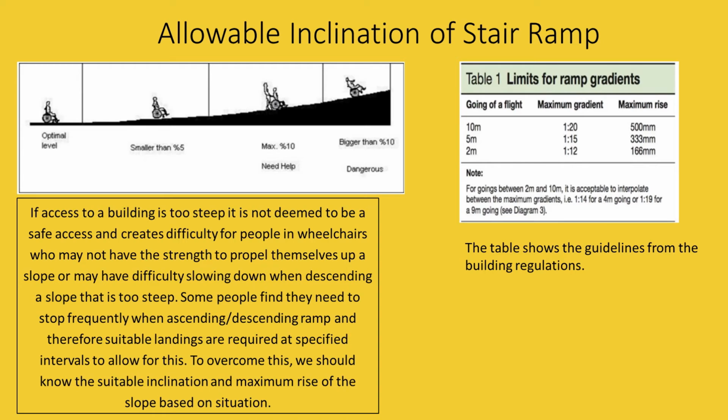Some people find they need to stop frequently when ascending or descending a ramp, and therefore suitable landings are required at specific intervals to allow for this. To overcome this, we should know the suitable inclination and maximum rise of the slope based on the situation. The table shows the guideline from the building regulations.